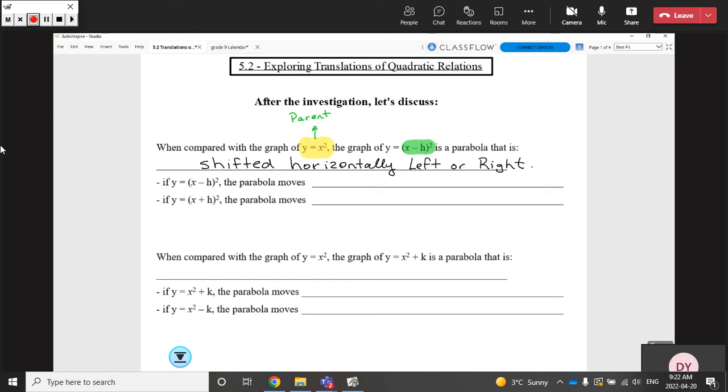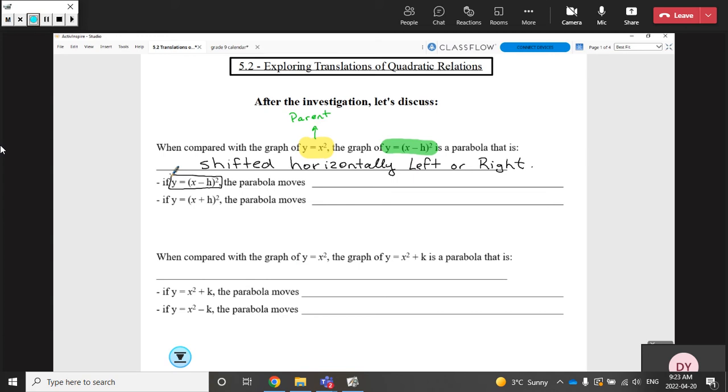Now remember, the ones in the brackets are a little weird, because the original equation says (x minus h) squared. So when you substitute in a positive value for h, it'll look like x minus 6 or x minus 3 or x minus 1, and we know the parabola is moving to the right.